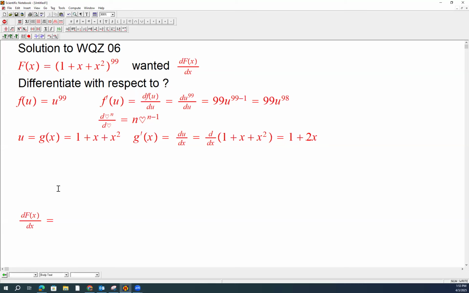So now when we compose the final result, the chain rule tells us the derivative of capital F of x with respect to x, which we know is different from that one, is the derivative of capital F of u, or lowercase f of u.